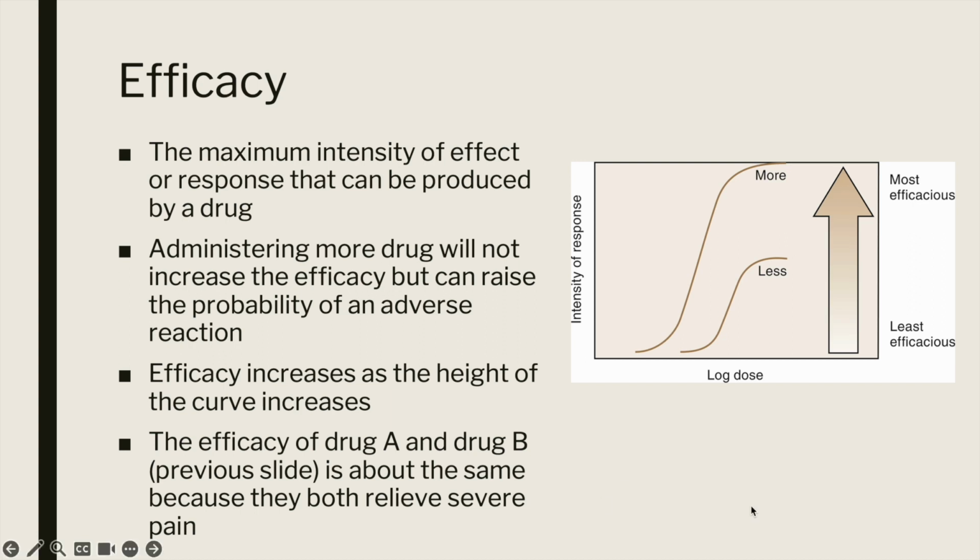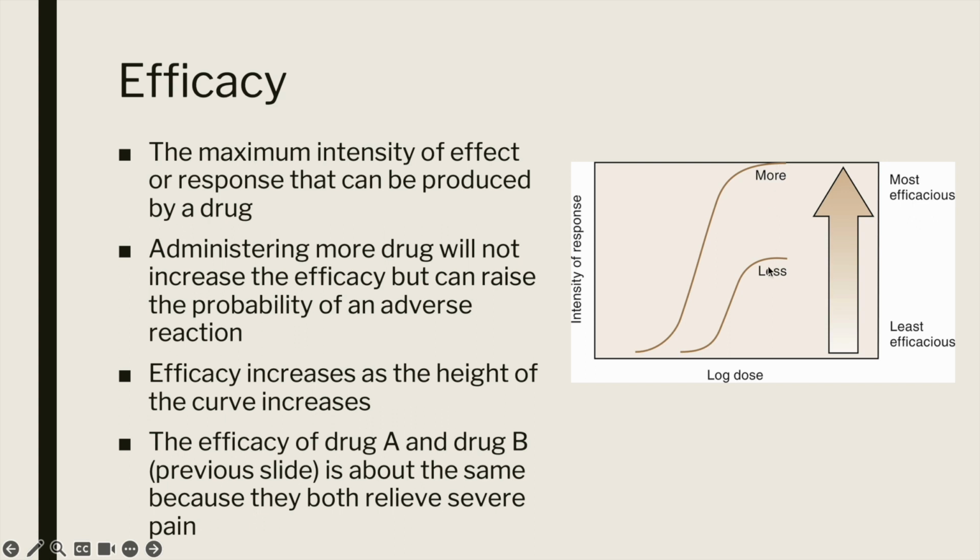So this drug here on the bottom is going to be a less effective drug, and this one's more effective, or its efficacy is higher because you're getting a higher response. If you were comparing these two drugs for pain relief, this one could reduce mild pain because it only has this lower intensity of response, whereas the drug with the curve that goes higher is going to have a higher response.